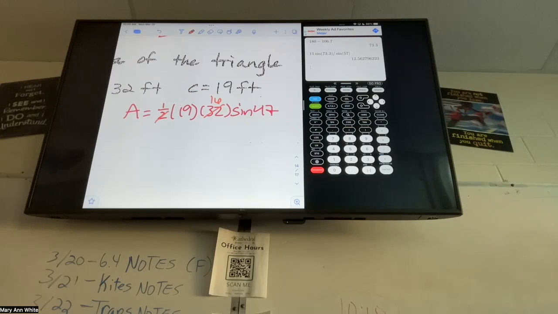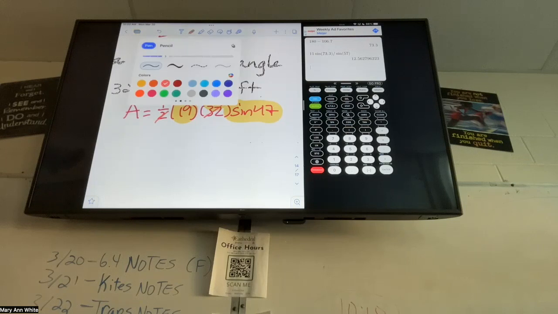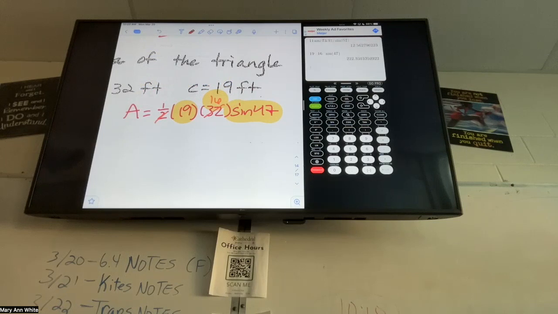So once I do 1/2 of 32 and I get 16, that 1/2 is done. And now I'm going to multiply 19 times 16 times sine of 47 in the calculator. And I get 222.3. And that is in feet squared, because feet was the units given to me.